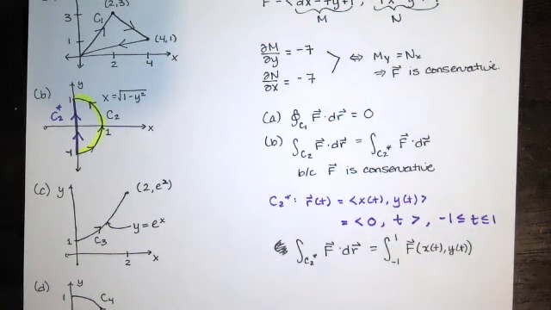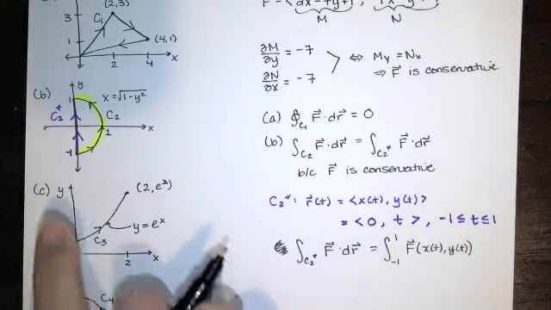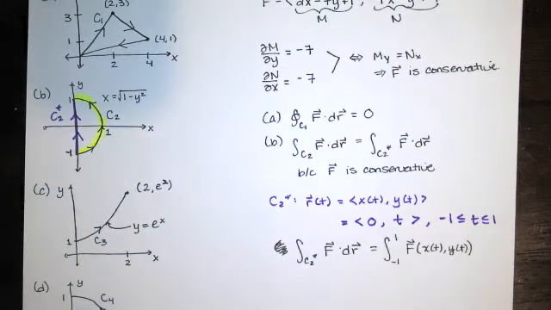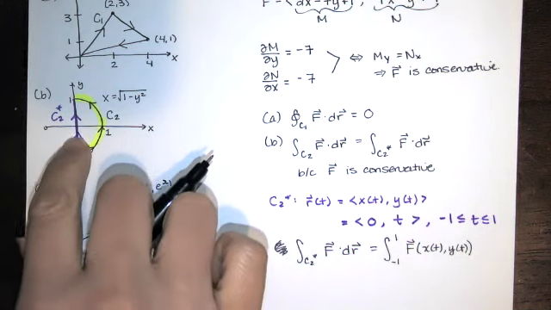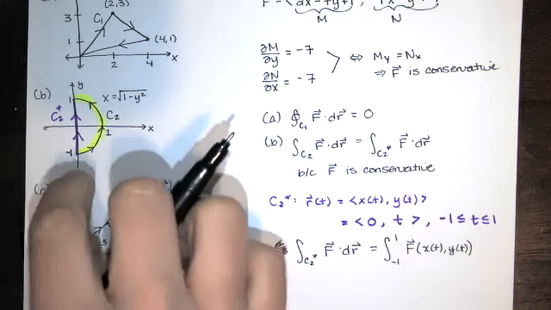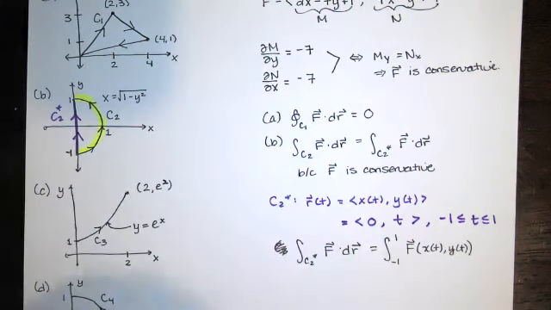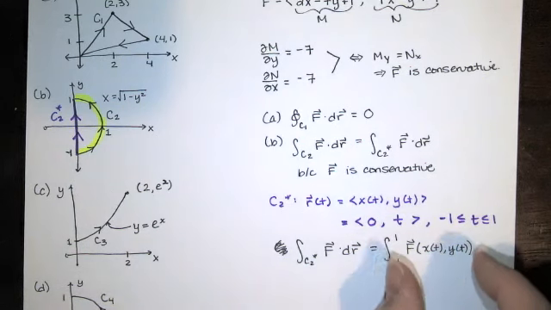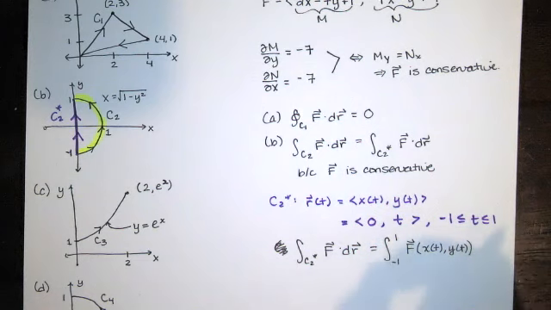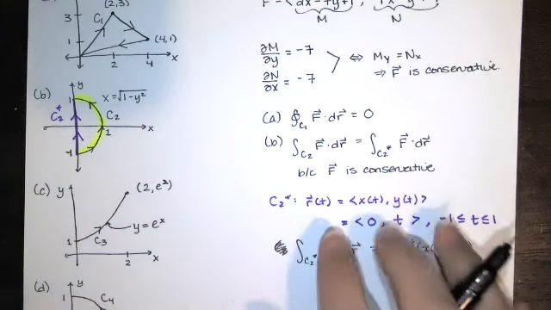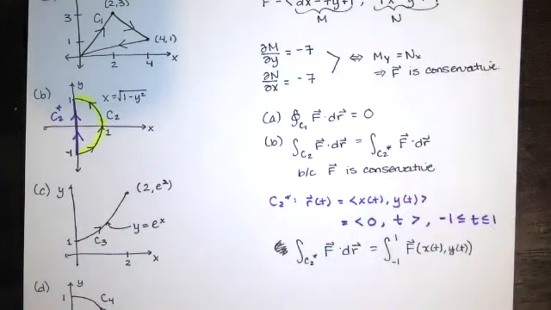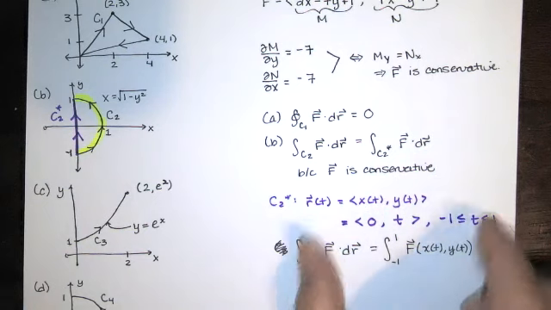So my field actually depends on position, but I want to think of it as depending on time. Like if you're a little particle traveling along this path, we're going to be at different locations at different times, and every time we're going to be experiencing a different field. We want to find out what that field would be as experienced by a particle traveling along this path with a position described by this function.